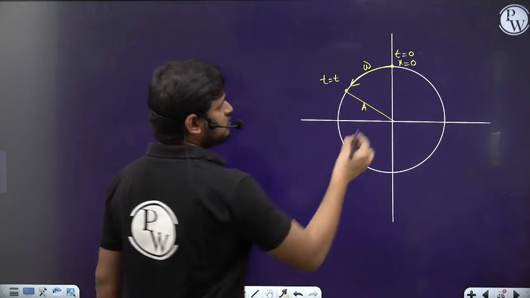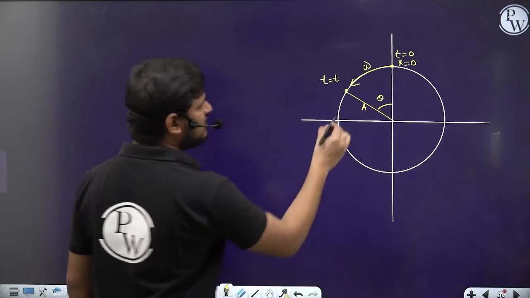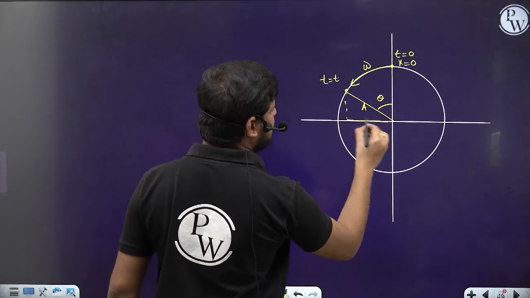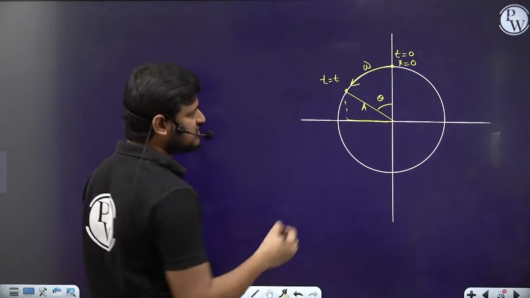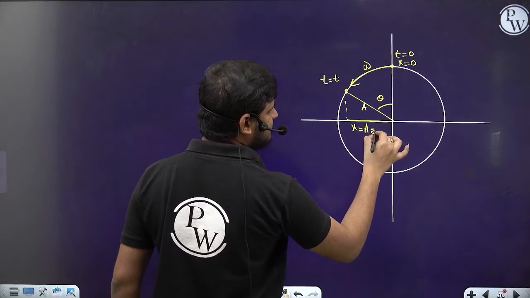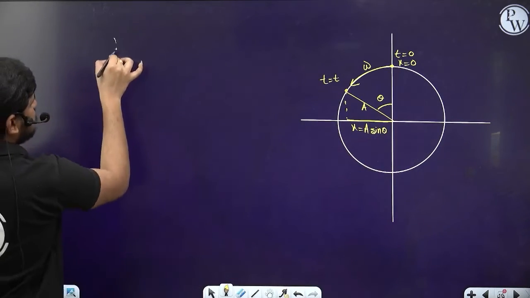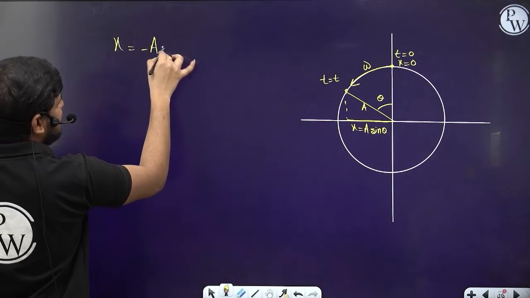So how much is theta? This one. Now the projection on the x-axis. So x is equal to, I can write a sin theta. As it is towards the left, x is equal to minus a sin theta.